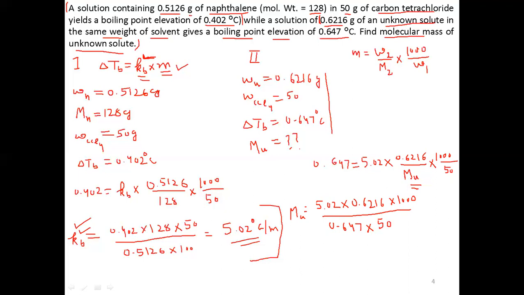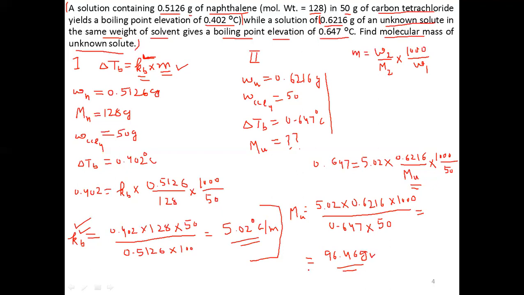What I have done is I have taken Mu here and 0.647 here. So this is the molecular weight of the unknown solute, and if we solve it, its value will come out to be something like 96.46 gram.